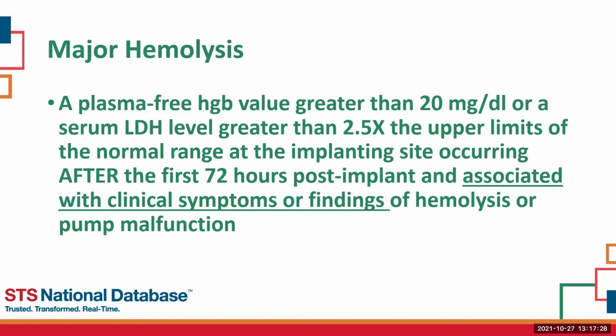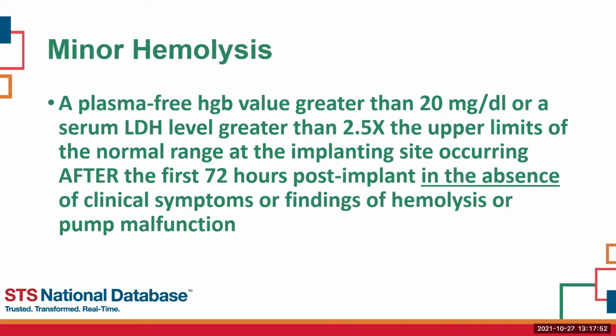So for it to be major, it's after the first 72 hours post-implant, and it has associated clinical symptoms and findings of hemolysis or pump malfunction. So that definition didn't really change.